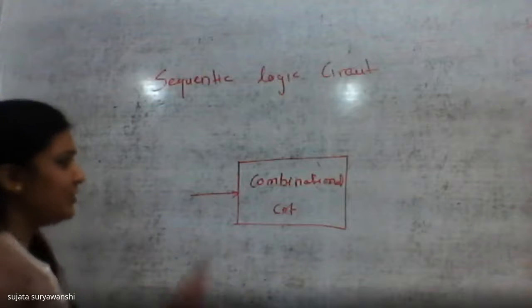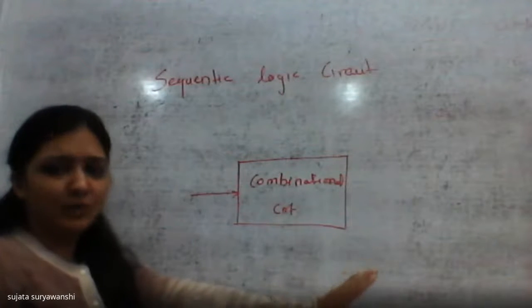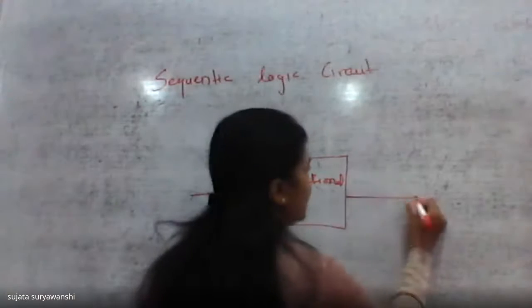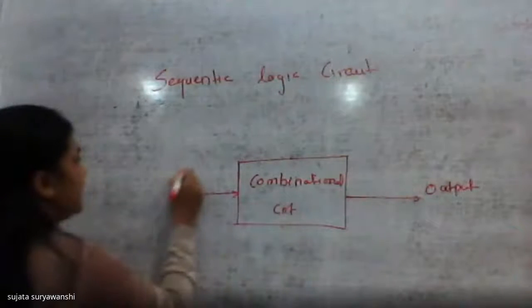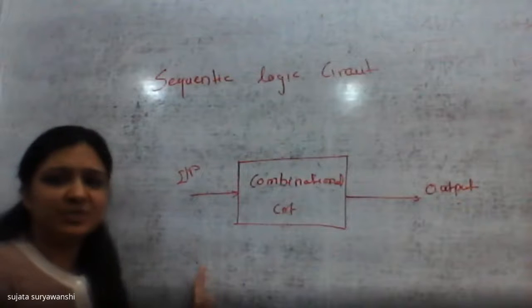As per the combination of all the input signals, it gives the output. So this is the output and these are the inputs. This is the actual block diagram of the combinational circuit.